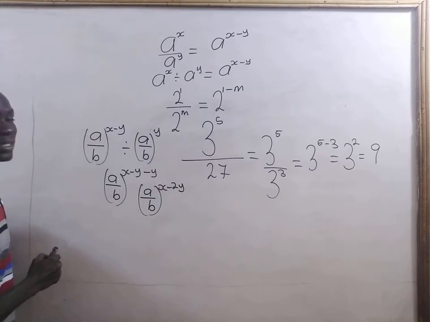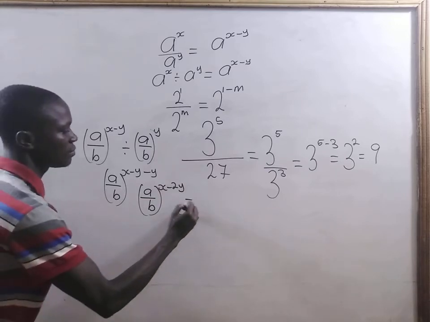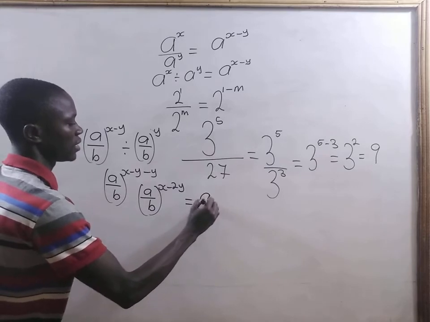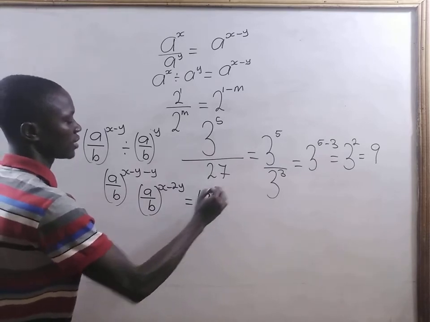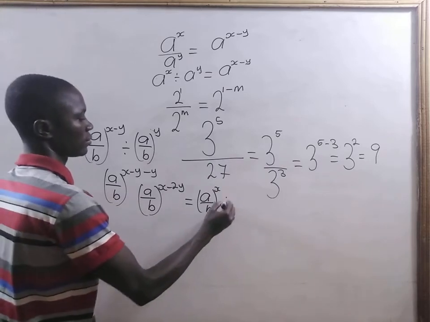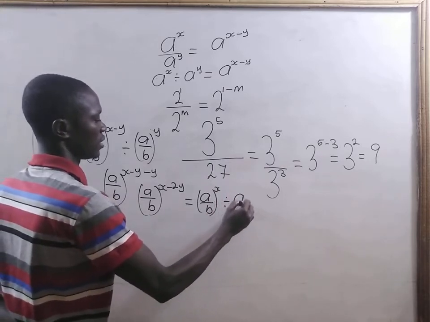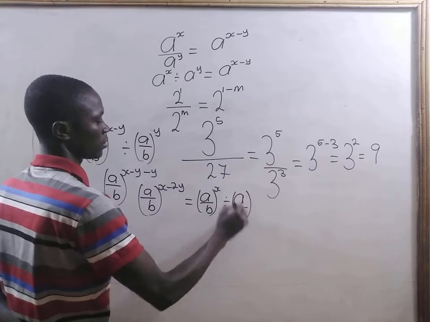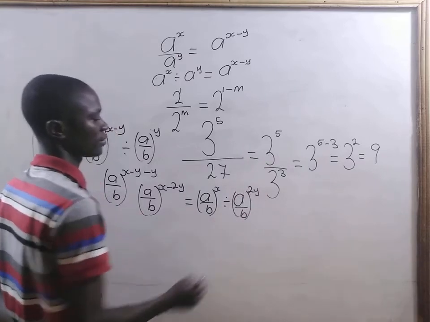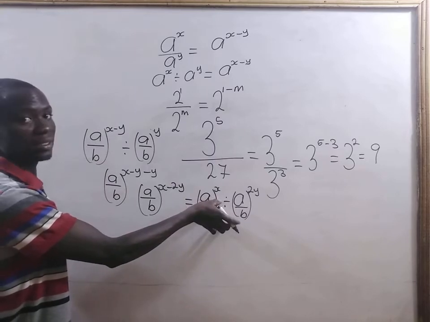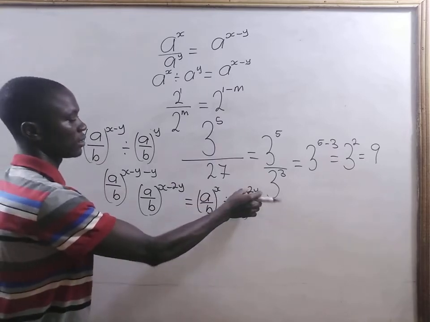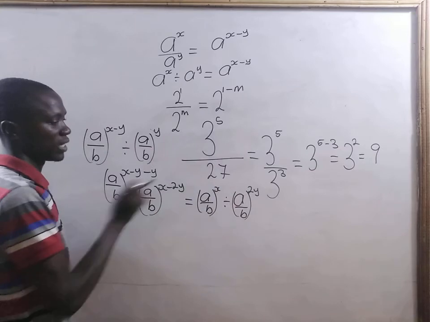Very simple as that, which is the same as a divided by b all to the power x divided by a on b all to the power positive 2y. If I have this, I can get it like this, because this will be subtracted from this and you get this.